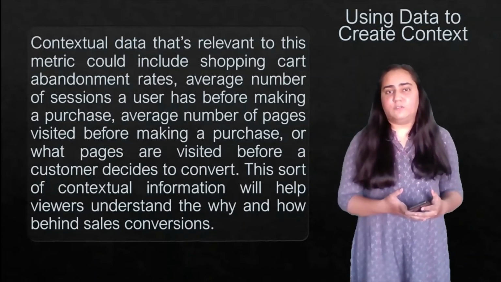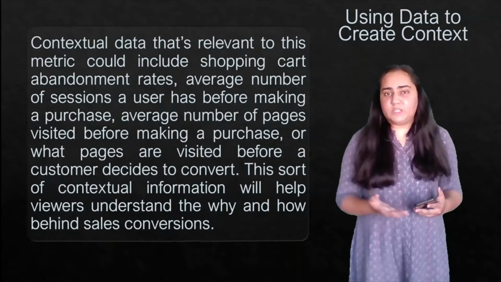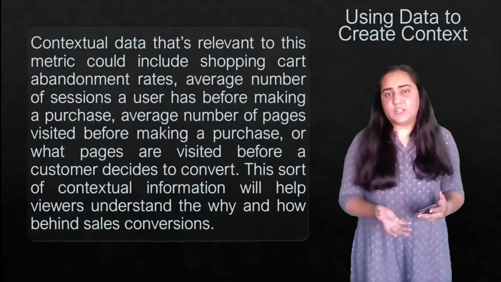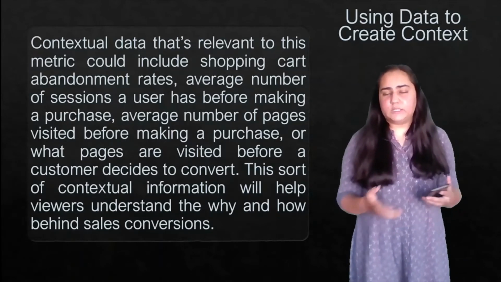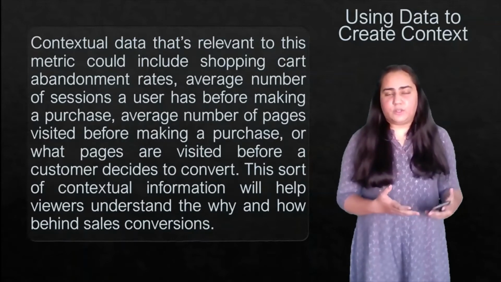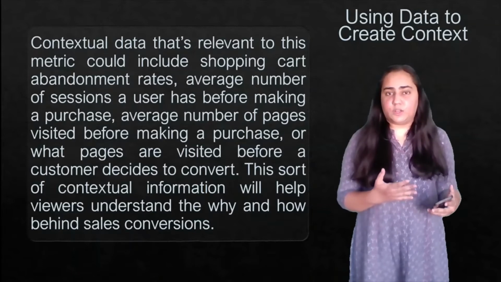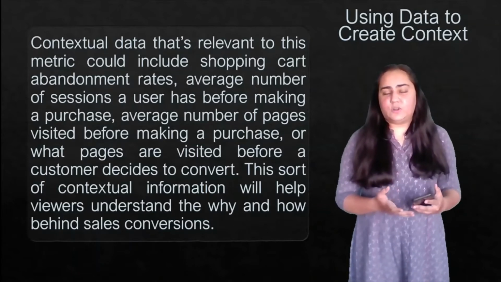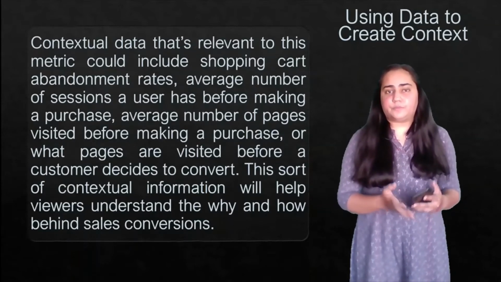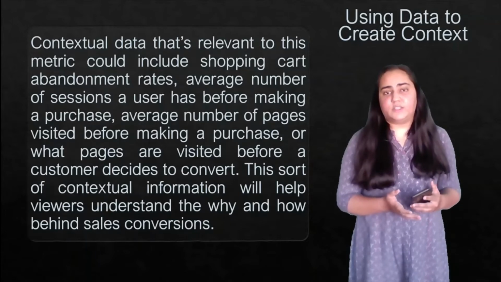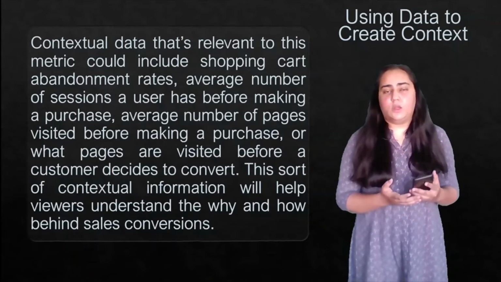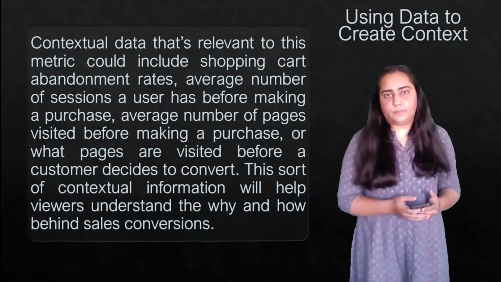This is another good piece of information. Or what pages are visited before a customer decides to convert. So what kinds of pages or products did the customer view before deciding that he or she wanted to buy that? And this sort of contextual information will help viewers understand the why and how behind sales conversions.